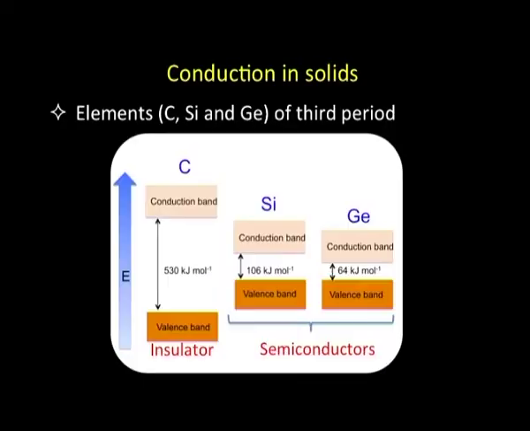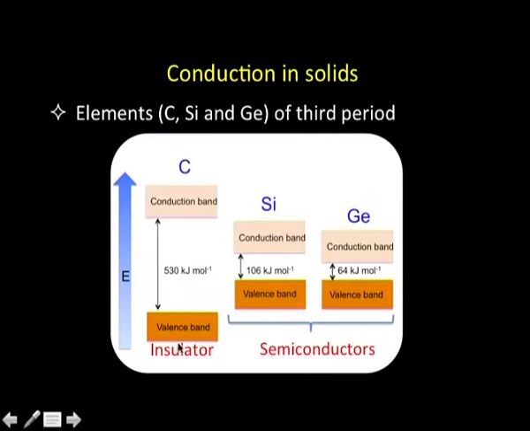Let us look at the band structure here. That is very interesting. In the case of carbon, carbon again has p electrons, and when we talk about a band structure, we are not showing the core electrons, that is the 1s, 2s and things like that. Those inner orbitals we are not showing here.